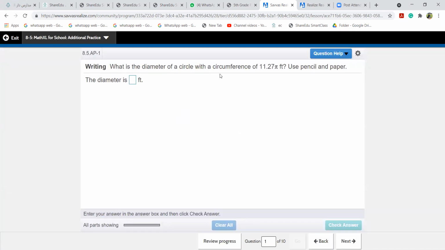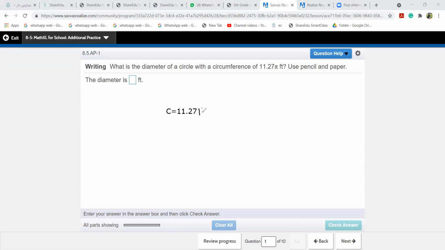What is the diameter of a circle with a circumference of 11.27 pi feet? Okay, they ask you, if the circumference is C equal to 11.27 pi, what is the diameter here?